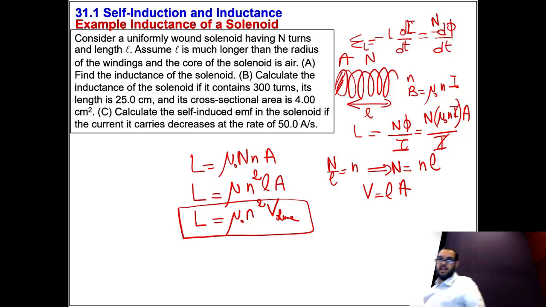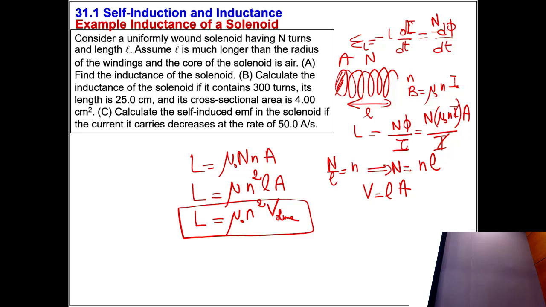So notice that the inductance of a solenoid depends only on the number of turns per unit length, which is characteristic of the inductor, and on the volume of the inductor. So you can use any of these equations.